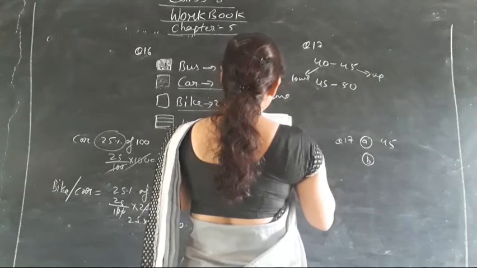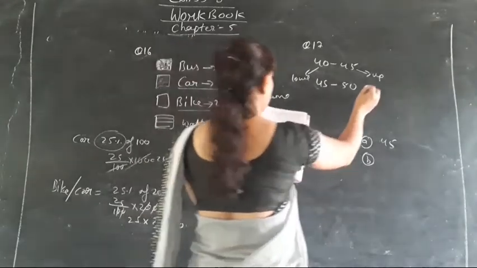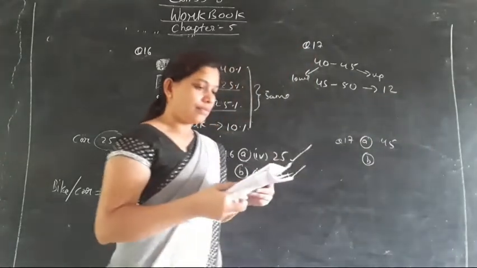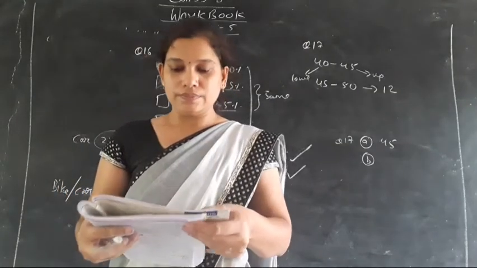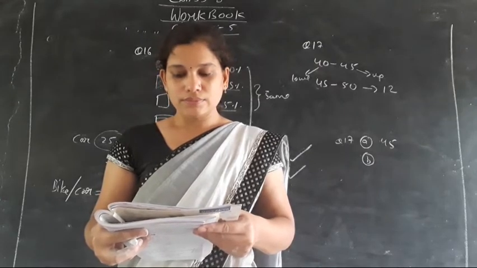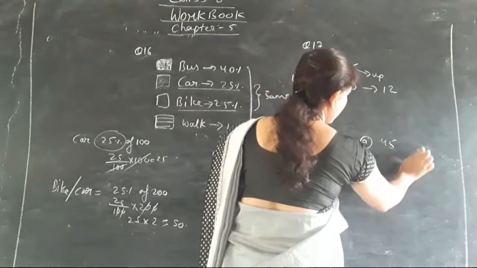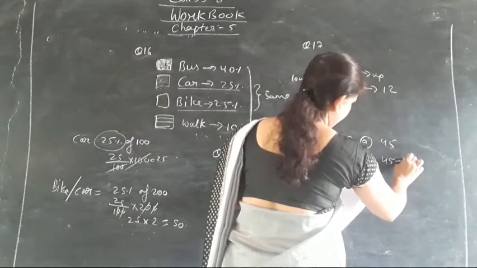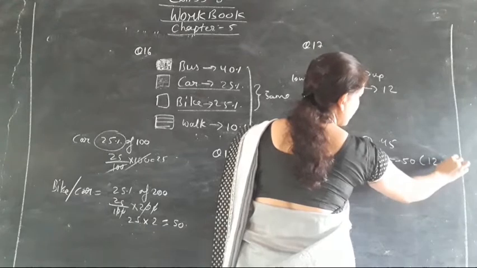and here it is said class size. Write the class size of the second interval. So dear student, class size, that means how much it is. Class size will be 5, because the interval is 45 to 50, and the number of persons is 12.